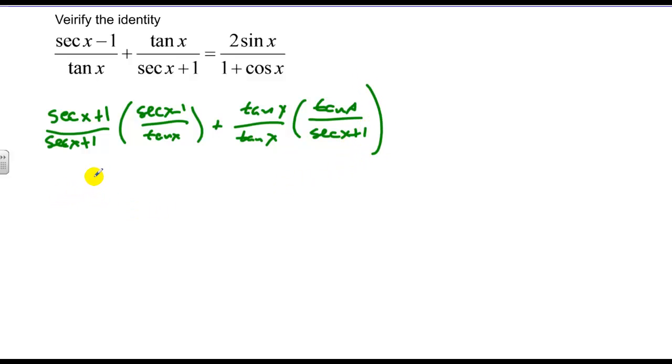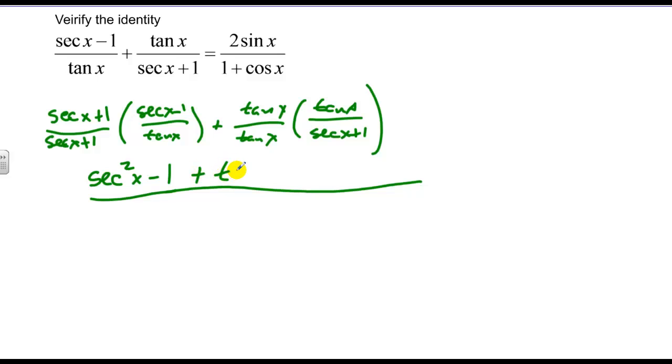Multiplying through, I get secant squared x minus 1. That's the first term. The second term is going to be plus tan squared x all over tan of x and secant x plus 1.